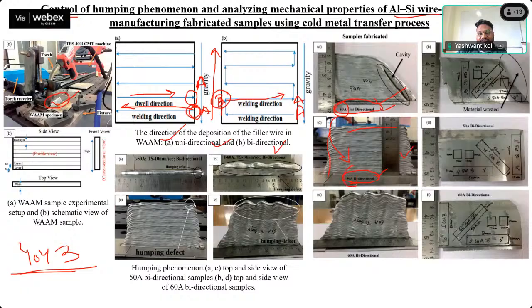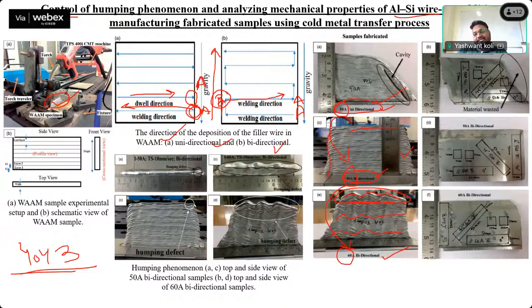So suppose 50 ampere to 60 ampere, just 10 ampere we have increased, and the strategy is the same, bidirectional. But still, you can see this is done by CMT process, and you can see the humps, how many humps we are getting in each and every layer. You can imagine how many humps are there.